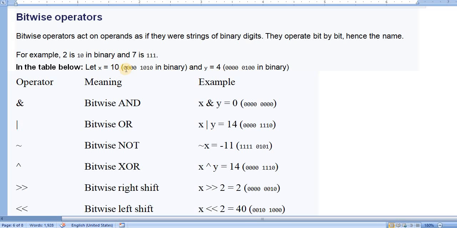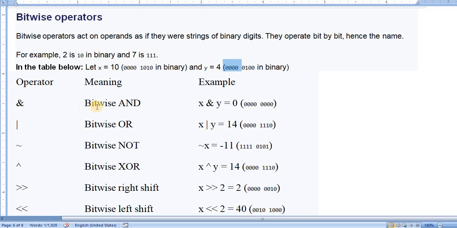So 10 is represented in 8 bits. 1010 is the binary equivalent of decimal 10, and the first 4 bits are replaced by 0. Okay, so this is the representation of 10 in 8 bits. And y equals 4 is represented with the last 3 bits 100, which is the binary value of decimal 4, and the rest of the bits are replaced by 0.